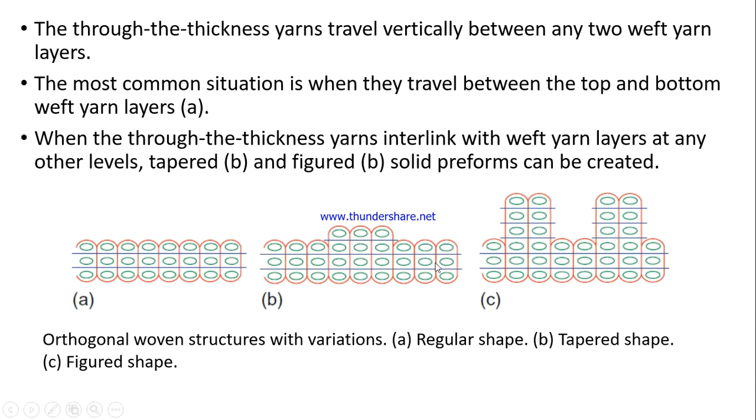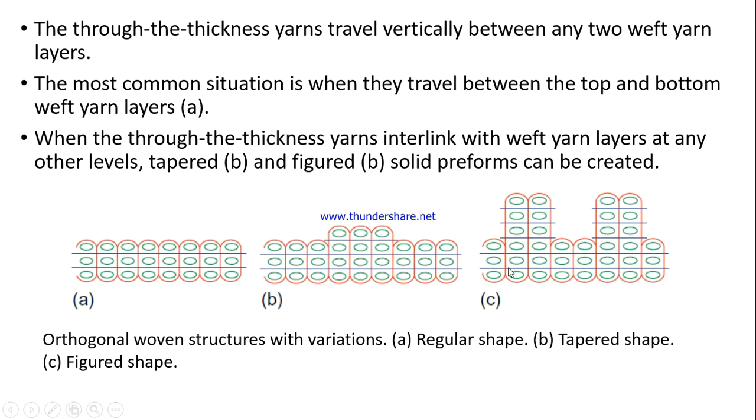So there will be a variability. This kind of structure or architecture is called figure structure for preparation of various figures. Okay, various structure on the surface of the fabric, this type of tapered structure can be produced. This is called tapered structure.